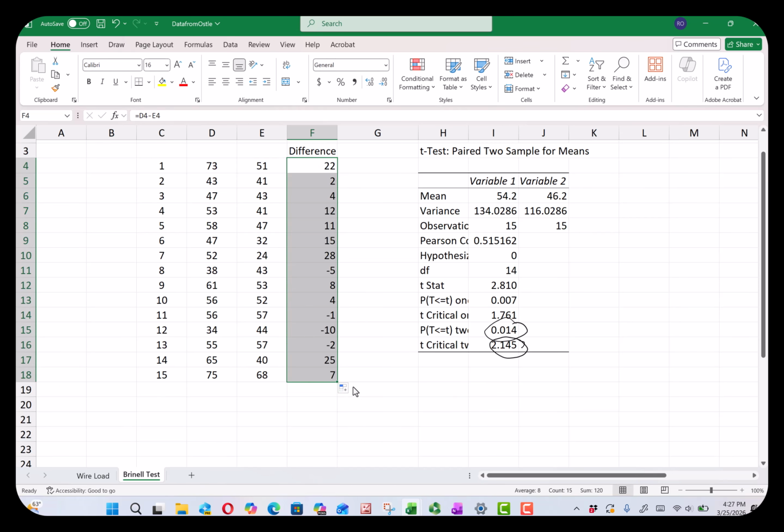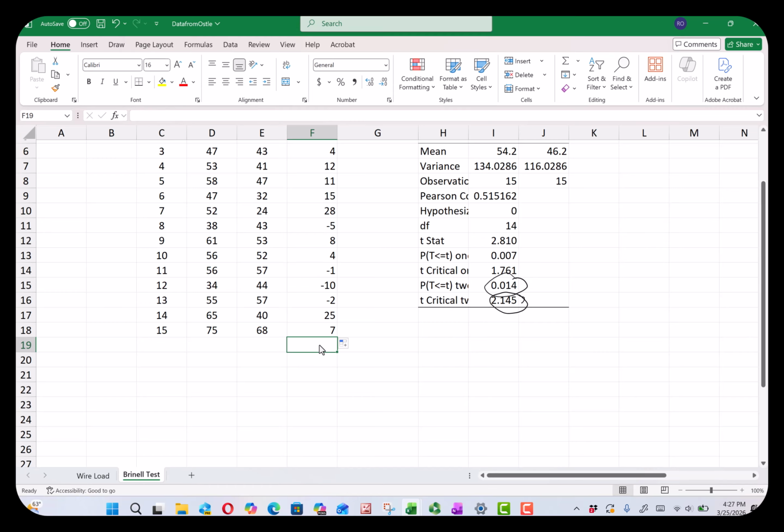So we have the difference between the two observations. And it doesn't matter what order you subtract them in, you're just going to get a positive or a negative if there's a direction to it. But the rest of this, we need the average, the standard deviation, and the standard error of the mean.